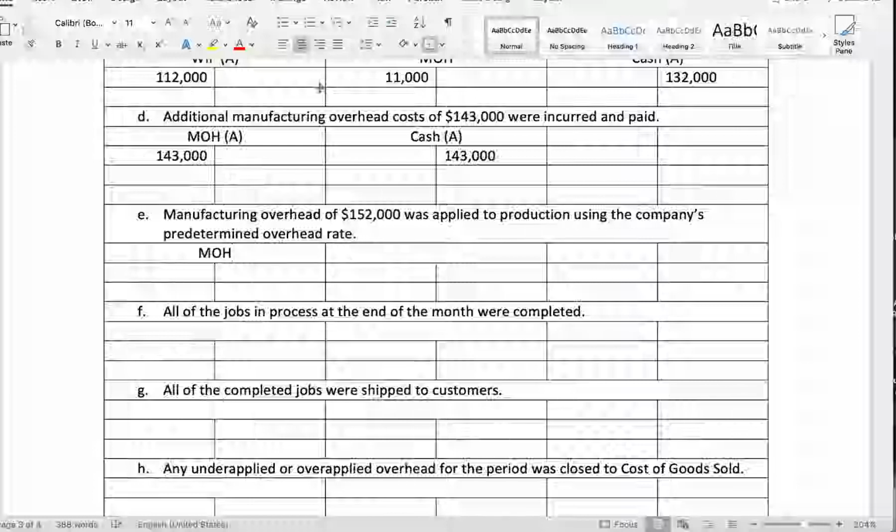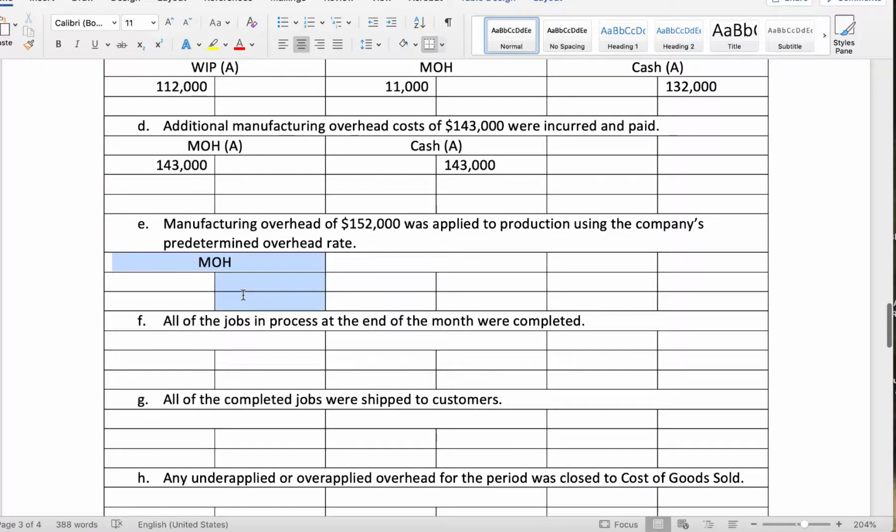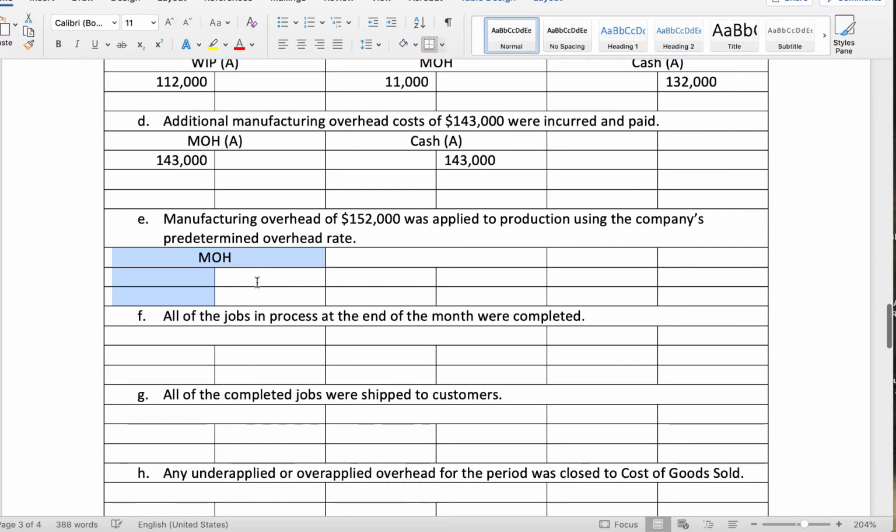So we need a debit entry, which is the left side of the T account for the entry. Okay, so I'm going to put $152,000 here.